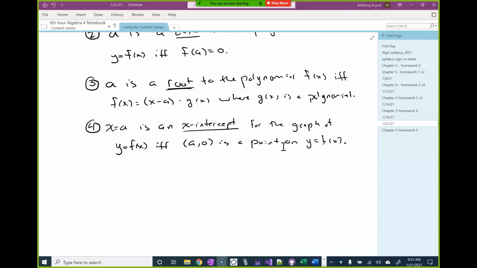So the idea here is that we can use those x-intercepts from the graph to create factors to use in our synthetic division. What are some potential problems with that?